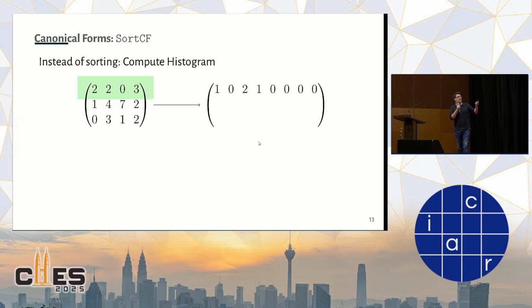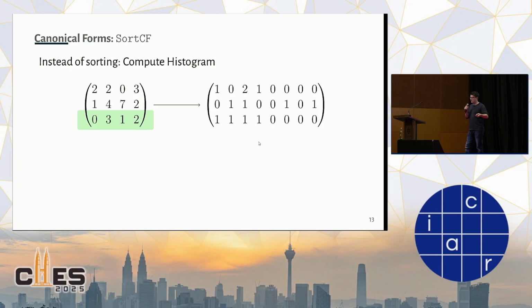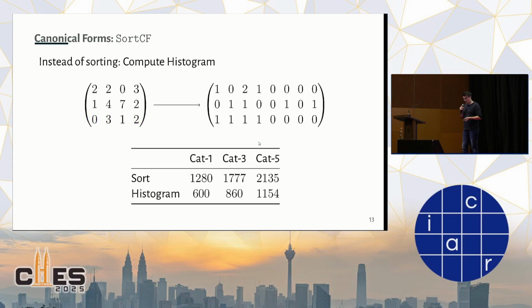So in this case, we have 1, 0, so we put a 1 here, and so on. We repeat this for all rows, and note that this is fully enough information to still be able to compare rows lexicographically. And the result speaks for itself. This is 2 times faster than a highly optimized AVX2 sorting network for, let's say, 128 elements, if your rows have 128 elements.